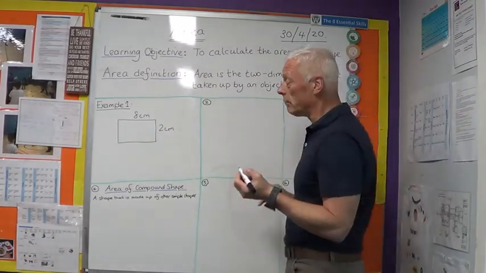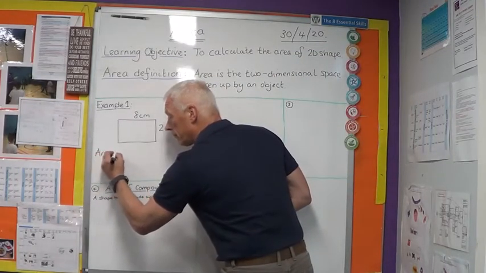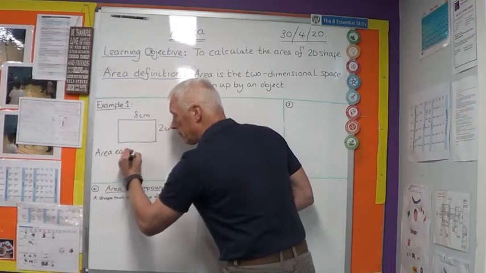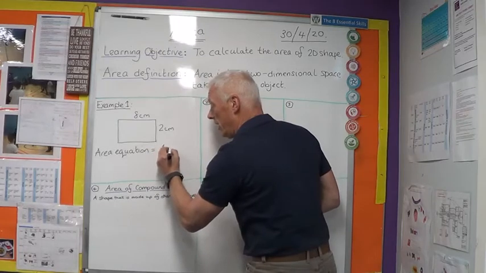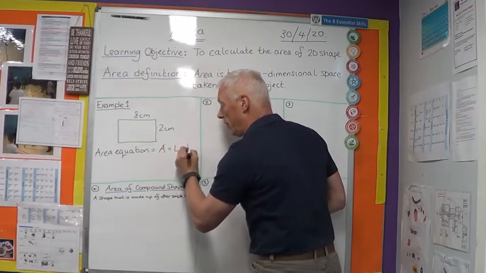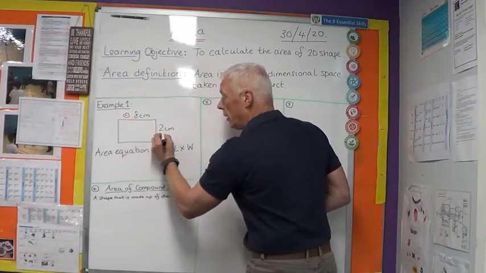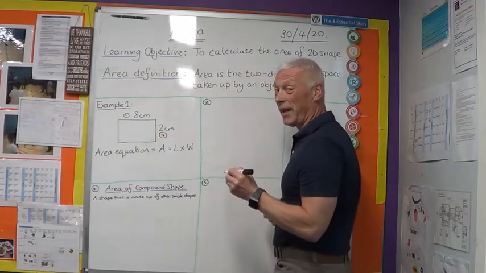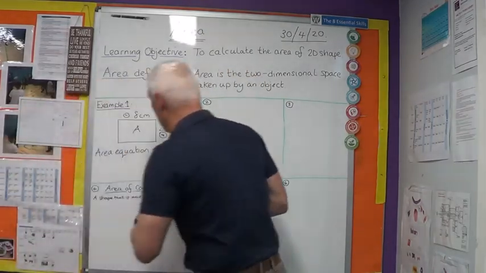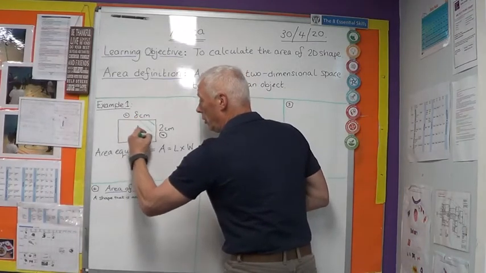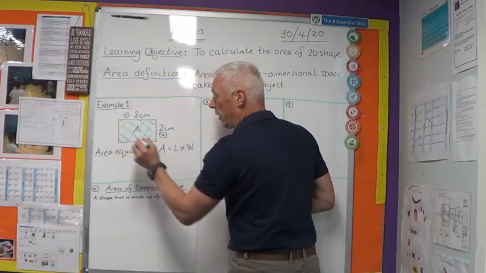The equation for area is that area equals length times width. So you've got the length and you've got the width. The area is this space, all inside of that shape, and that's what you're going to work out.